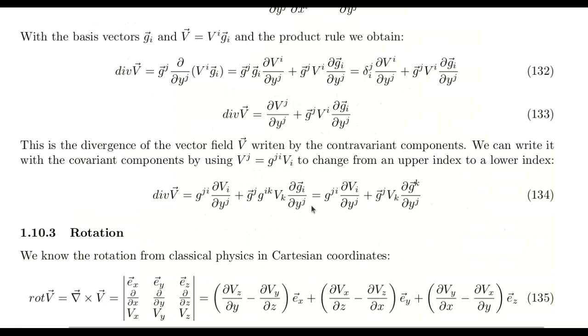That means this covariant index changes into a contravariant one, and we needn't write a metric tensor anymore here. So, and here we have got now the expression for the divergence with the covariant components of V in 134.